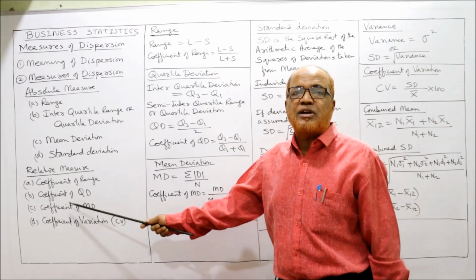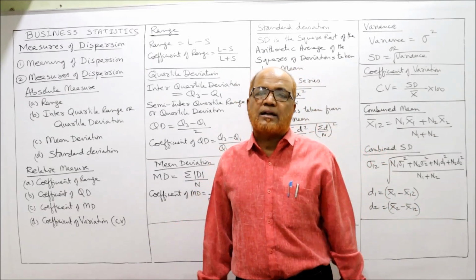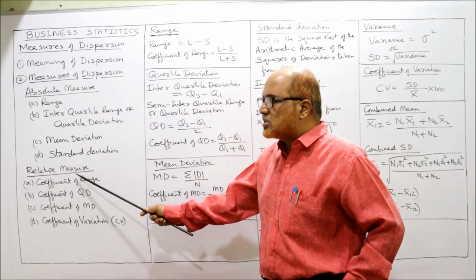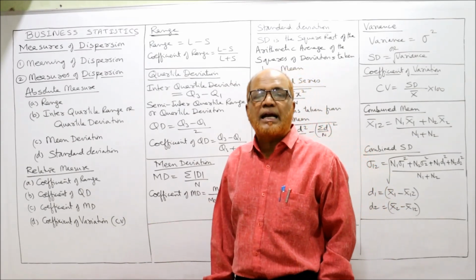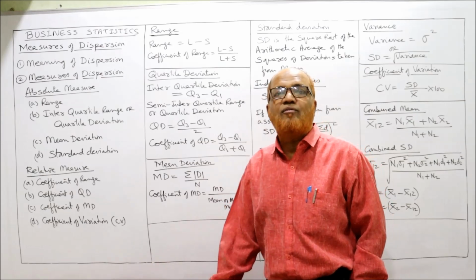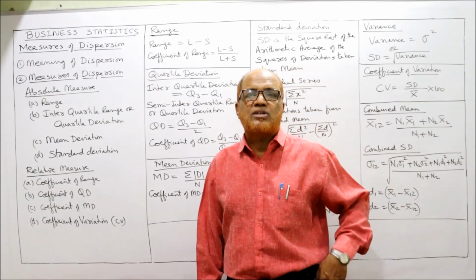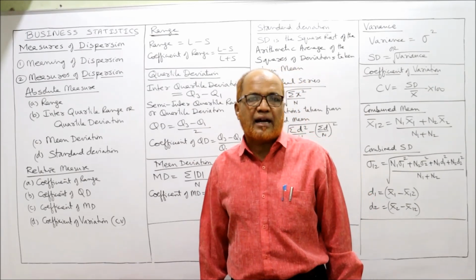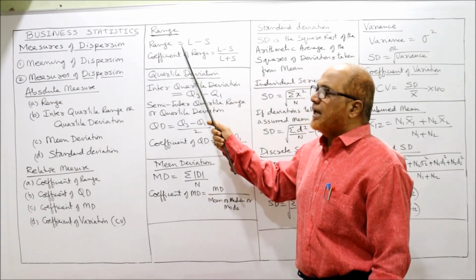Whereas relative measures of dispersion are applied when we are comparing two or more data sets. The relative measures of dispersion are coefficient of range, coefficient of quartile deviation, coefficient of mean deviation and coefficient of variation, CV. These are the measures applied to study the dispersion of data from the average value.